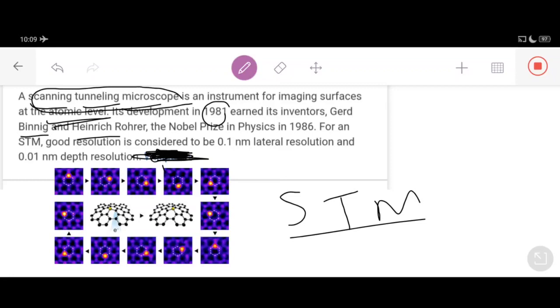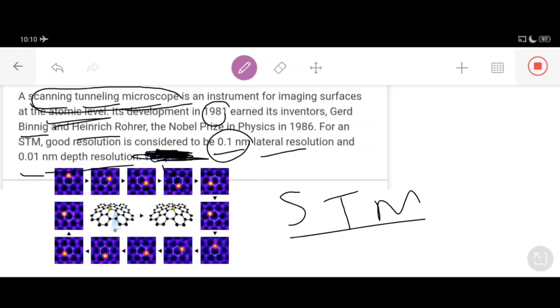For an STM, good resolution is considered to be 0.1 nanometer lateral resolution and 0.01 nanometer depth resolution. That means with this scanning tunneling microscope, we can take photographs of atoms, and it will show us the surface of atoms.